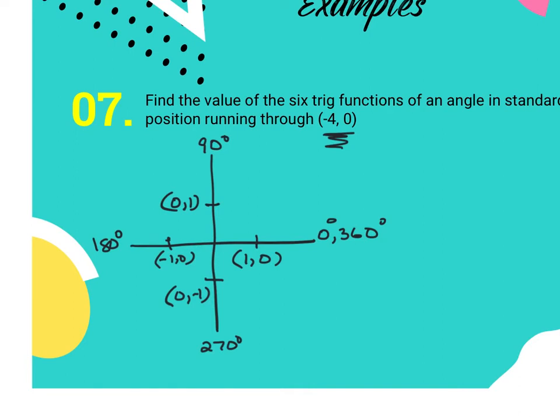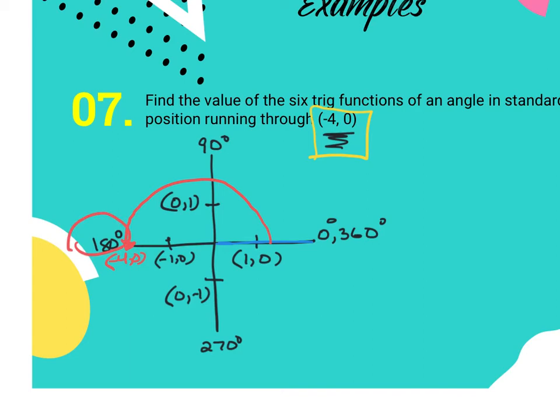Now, I know the ordered pair that was given to me is the ordered pair -4, 0. So let's figure out where on my axis -4, 0 is located. And you can see it's going to be located over here. So the type of angle that they're asking me to draw, if I start here on my initial side at 0 degrees, and I come around and I stop at that ordered pair, I've just drawn a 180-degree angle.